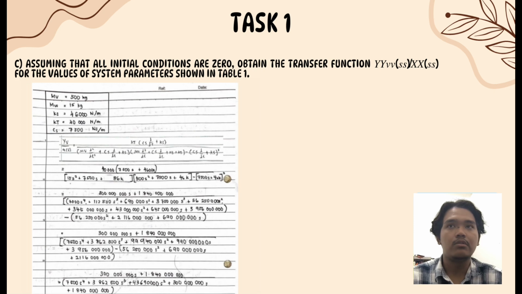So I will continue the questions for Task 1, which is Task 1C, that asks us to obtain the transfer function YV divided by XS. So as we can see in the figure below, we change from the previous equation into the transfer function equation, which is output divided by input.